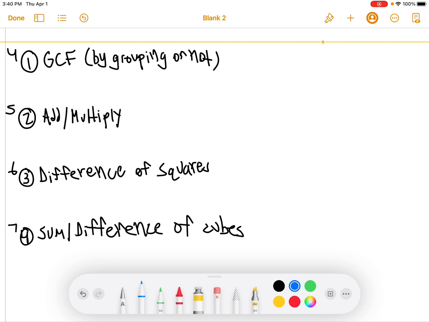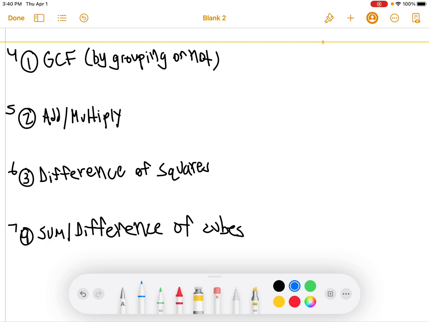So, as a review, you use number 1 if you can divide each term by something, or if there's 4 terms, you can group them by the first 2 and the second 2. And then use the add multiply technique if possible.